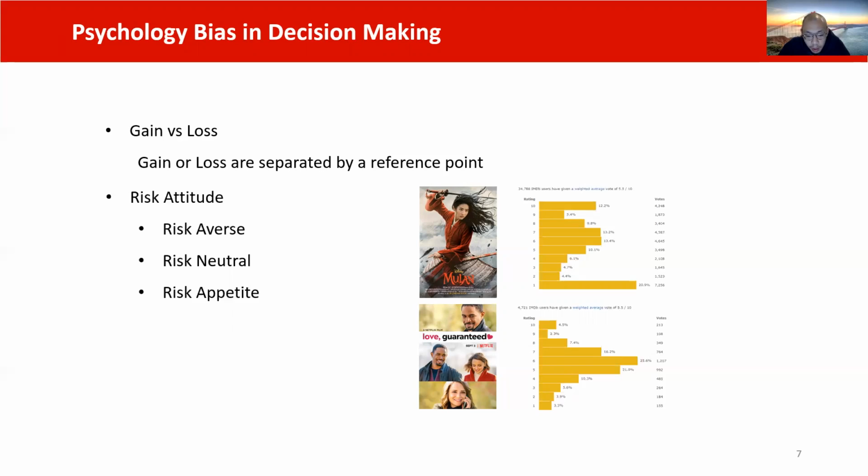The two most recent movies have the same mean ratings and median ratings, but clearly the rating distributions are quite different. A risk-appetite user probably will choose Mulan, hoping to get much utility out of it, while a more conservative user probably won't take any risk and will choose to watch the other one.